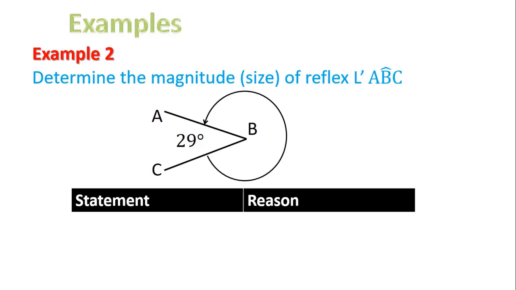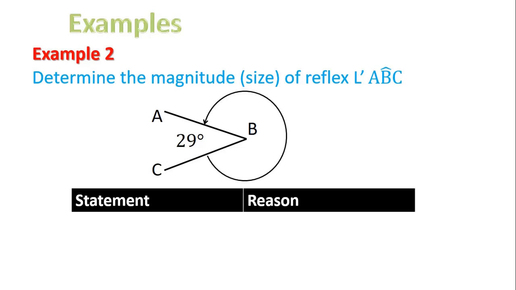We have one that's 29 and one that we don't know. They both can be called angle ABC, but the question says the size of the reflex angle ABC, and so that's the one that's bigger than 180 degrees.